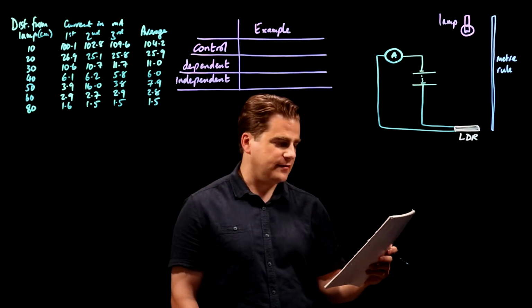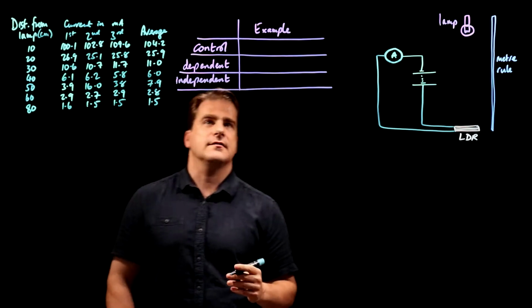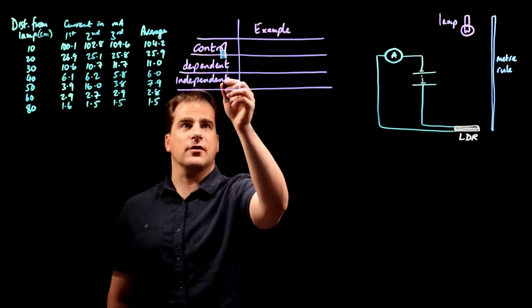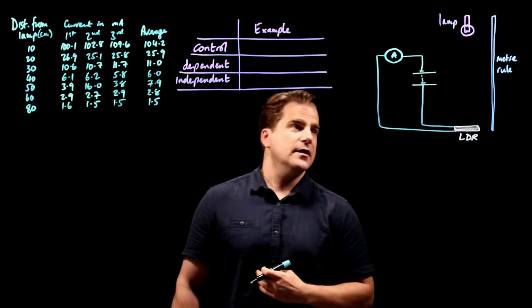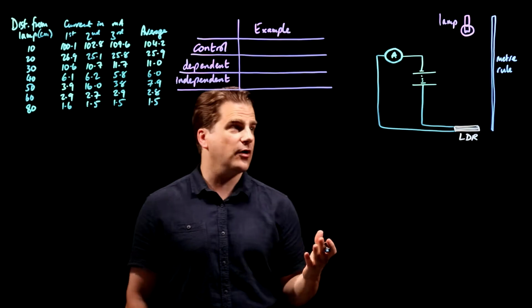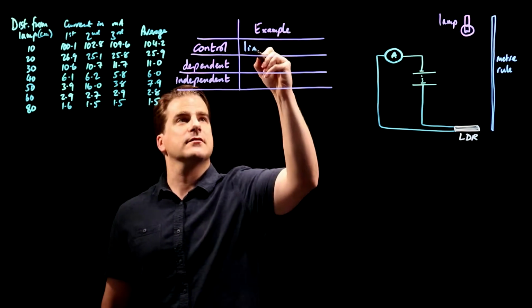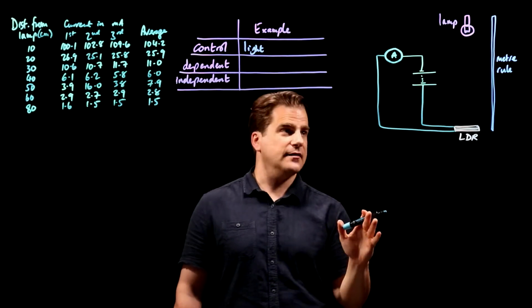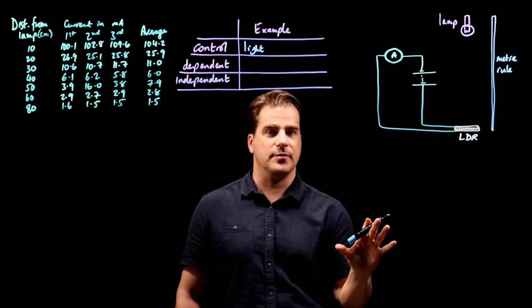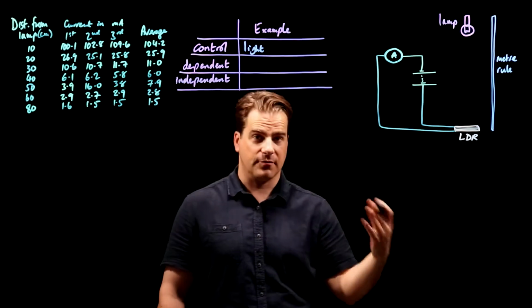So, complete the table, this table here. Right, so we have to give an example of a control variable, a dependent variable, and an independent variable. So, example of a control variable. Well, just like we've been talking about, you have to control the background light in the room. Ideally, it should be 0. So it's the same for all readings, all experiments.